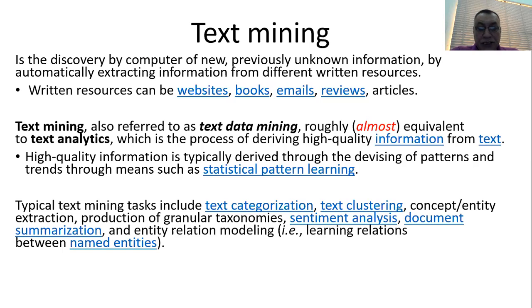High quality information is typically derived through devising patterns and trends through means such as statistical pattern learning. Typical text mining tasks include text categorization, text clustering, concept and entity extraction, production of granular taxonomies, sentiment analysis, document summarization, and entity relation modeling, for example, learning relations between named entities.